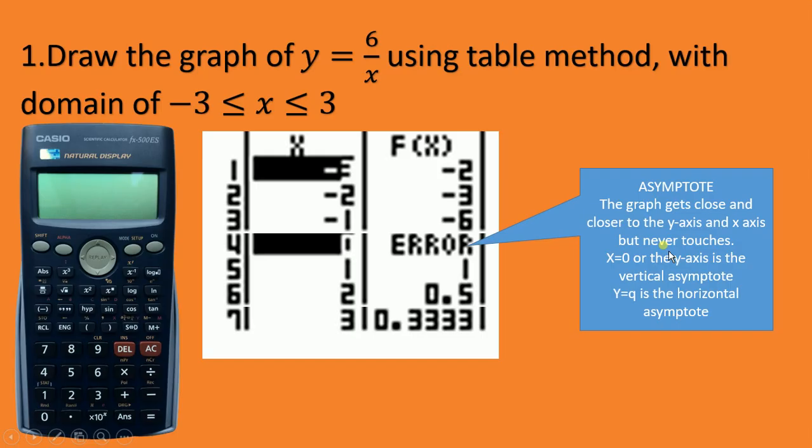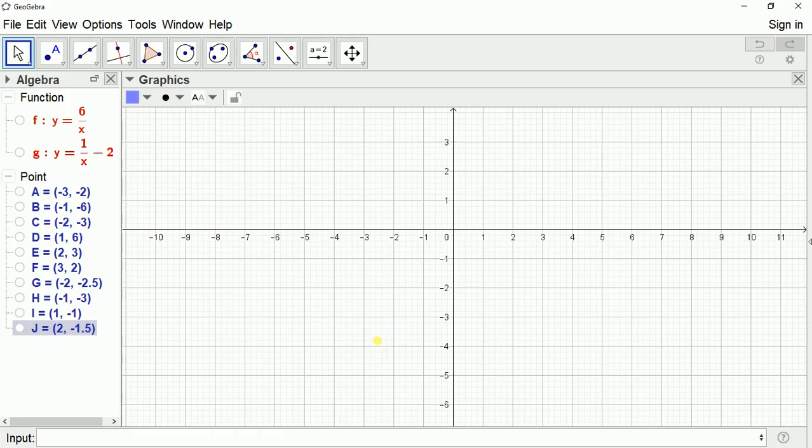So let's look at what the construction looks like. Here we've got our Cartesian plane, and according to our table on the calculator, we are looking at point A, or rather the first point, which was minus 3 and minus 2. So we put that point on. Our next point on the table was minus 2 and minus 3.